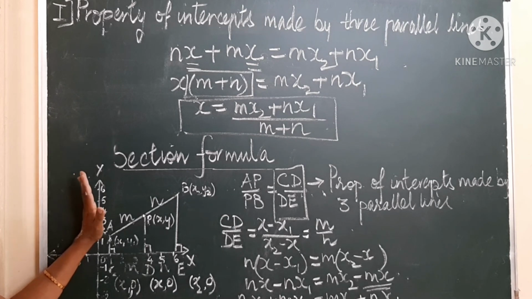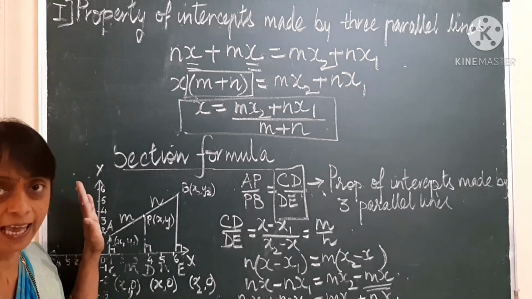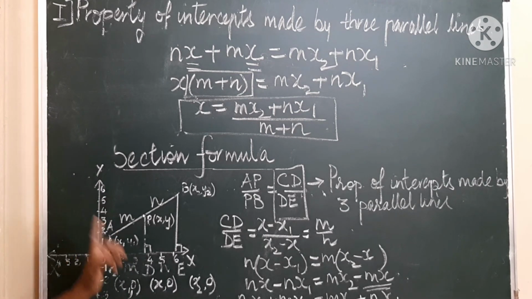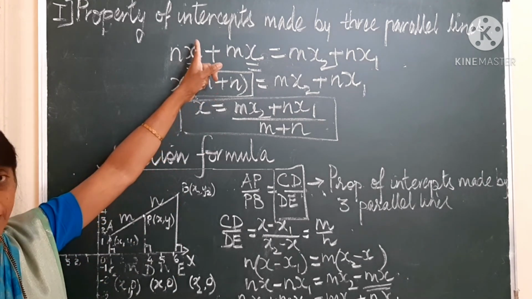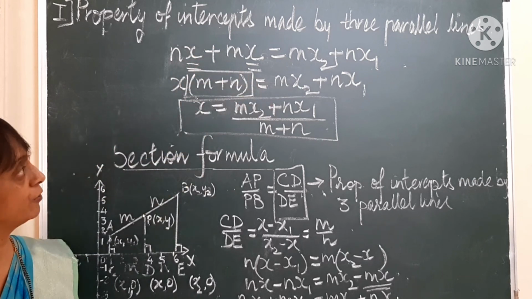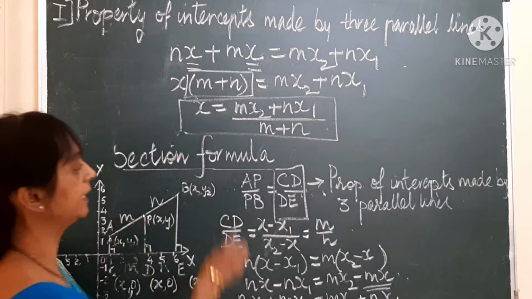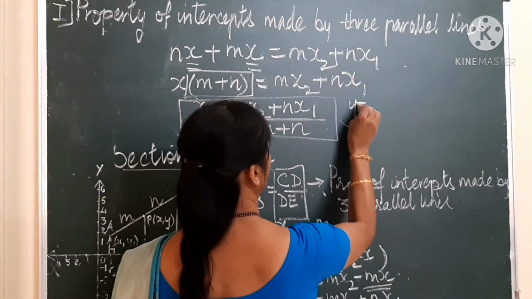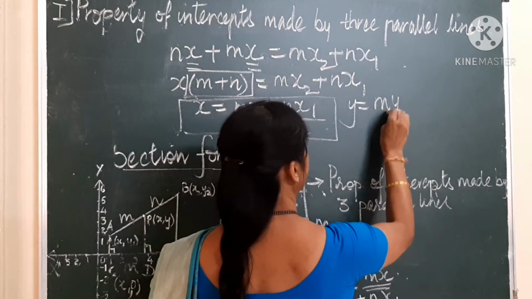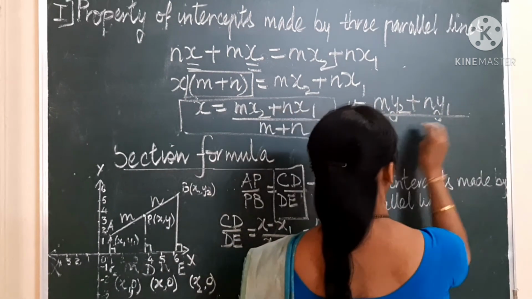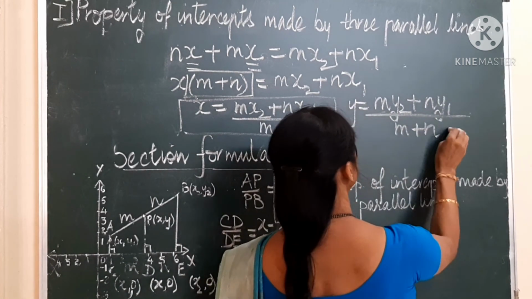And once again, when any point is lying on the y-axis, its x-coordinate remains 0. The ratio, again, we apply the properties of intercepts of three parallel lines. And once we are done, how will we get y? y will be equal to my2 plus ny1 upon m plus n.